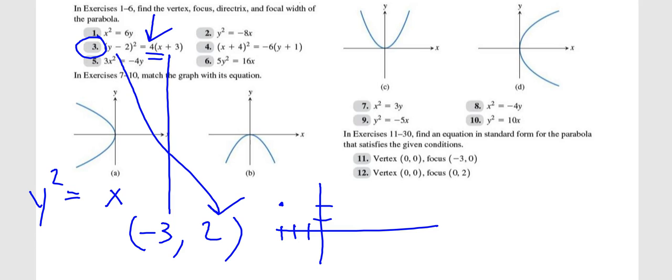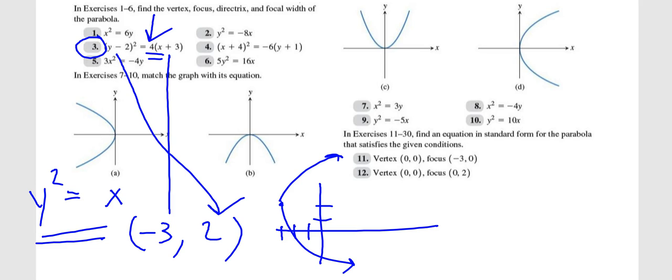It's either up or right, and since we're doing the left and right kind, it has to be to the right. So it's y squared equals x, that is your left and right kind, and then you have to pay attention to that value in front of the x side, or that linear side, to know whether it's right or left. Since it's positive, we're going to the right.